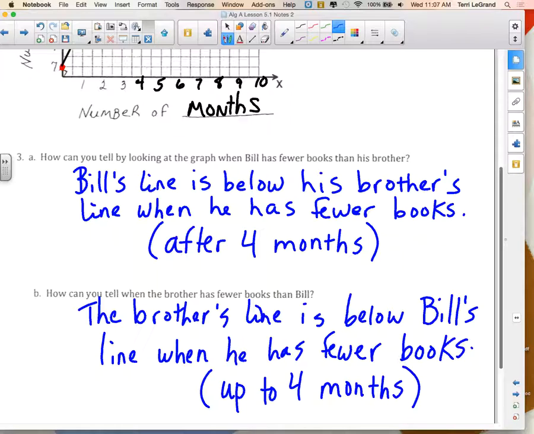So Bill gets to brag that he's got more comic books up until 4 months. But at 4 months, he can't brag either because now they have the same amount. But after 4 months, he better not be bragging about having more comic books either because his line now went below the other one and he does have fewer books.